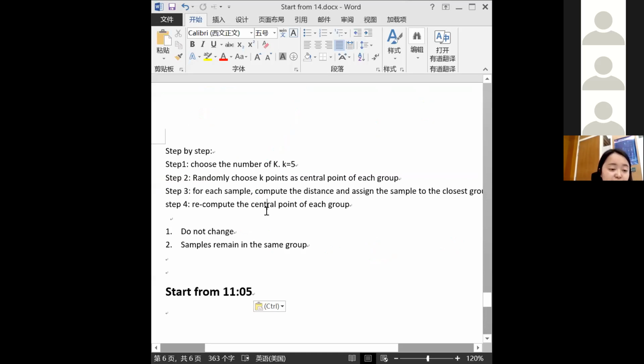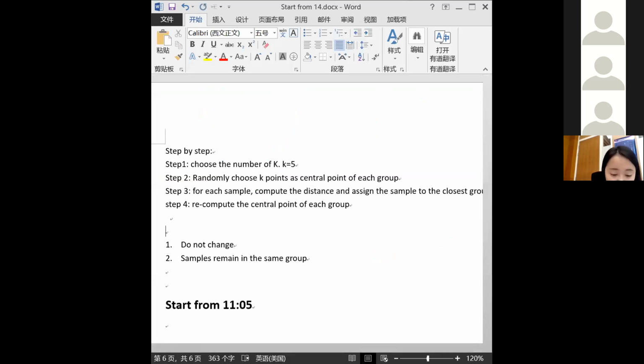step 3 and step 4 until maybe the central points do not change.